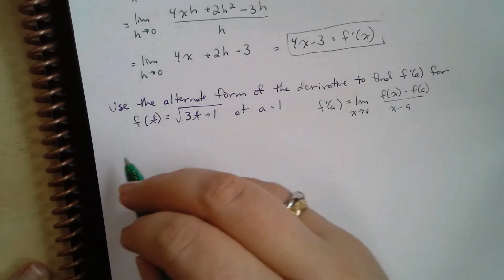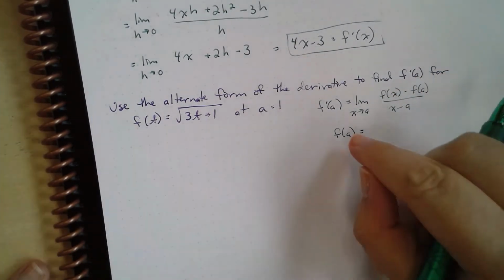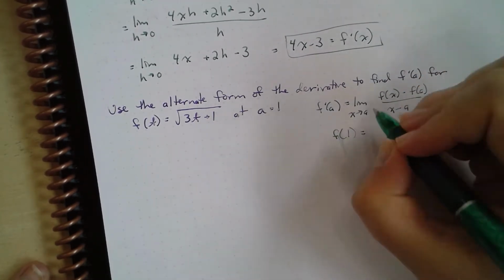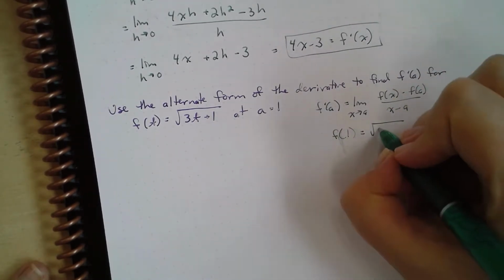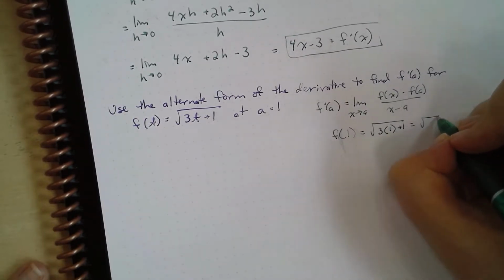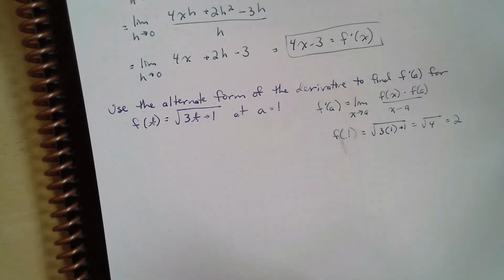Well, first we need to find what is f of a. So f of a, in this case, a is equal to 1. I should write that down. f of 1 is equal to the square root of 3 times 1 plus 1, which equals the square root of 4, which equals 2. That's nice and convenient for us.